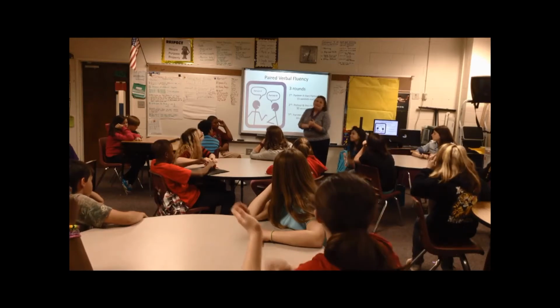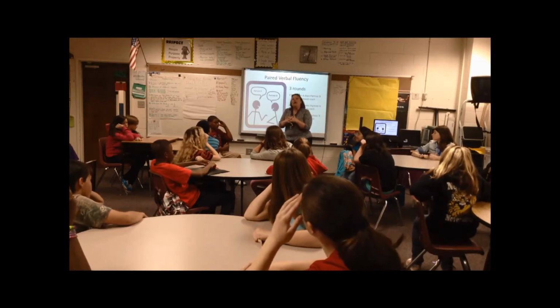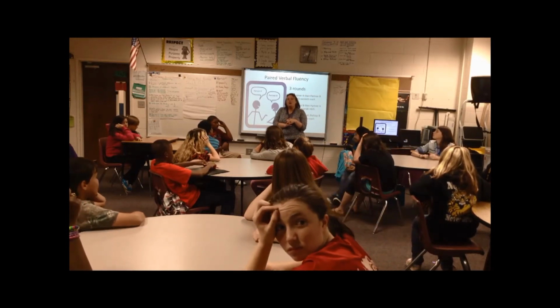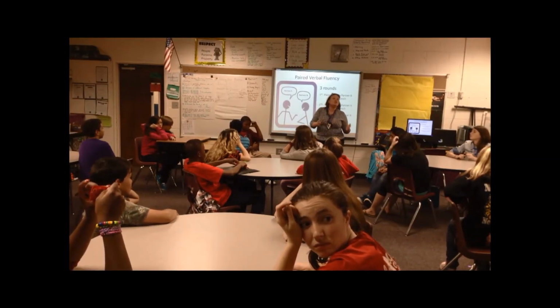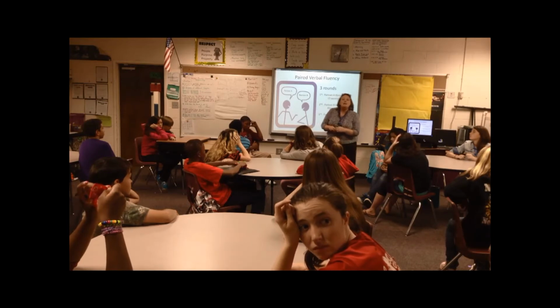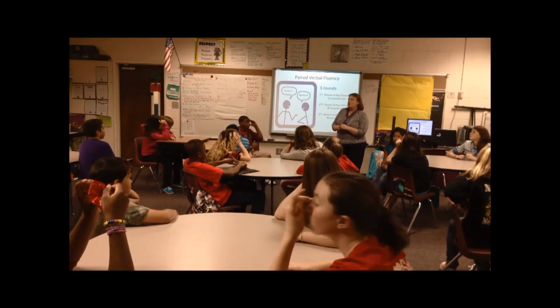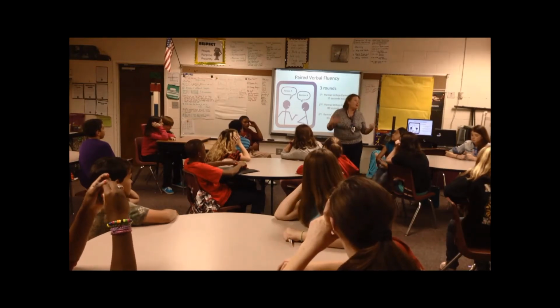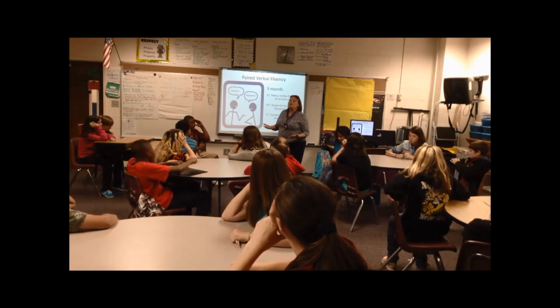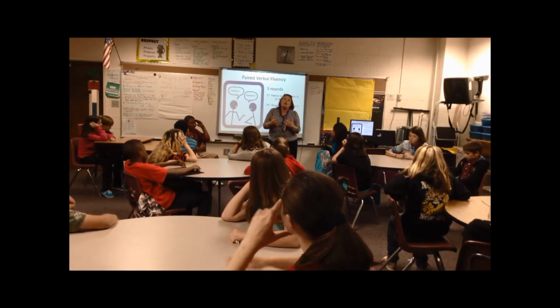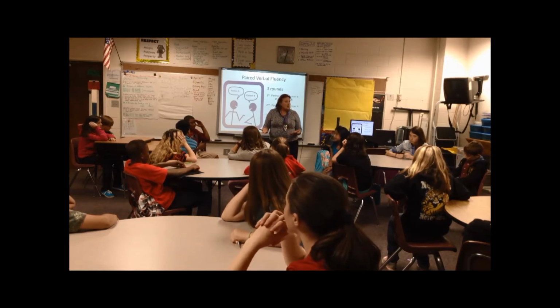Today, our learning intention is: I will learn how to find the area of rectangles to help me find the areas of shapes that are related to rectangles. So in that learning intention, we're talking about rectangles and how you can use your knowledge of rectangles to help you find the area of other types of shapes.